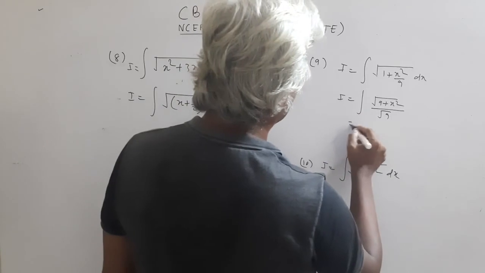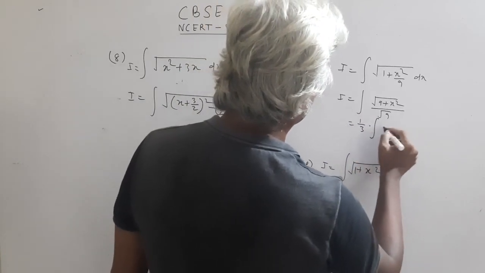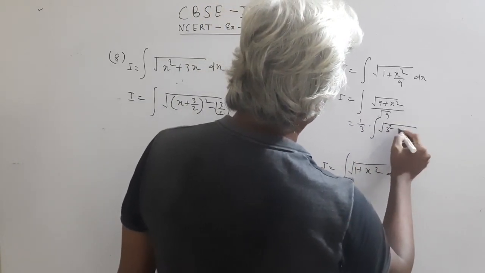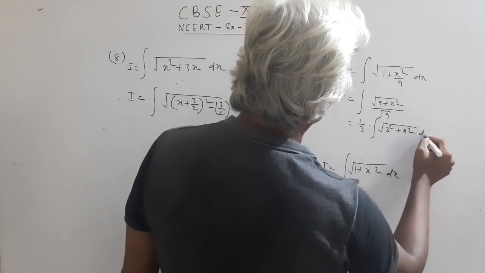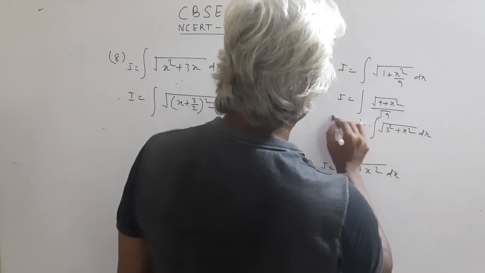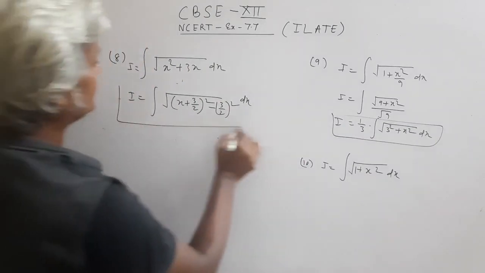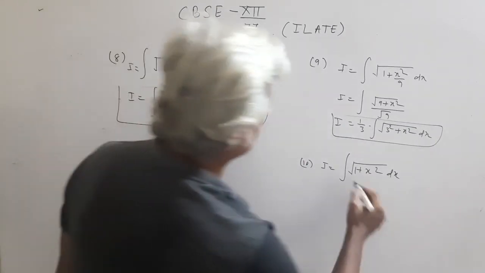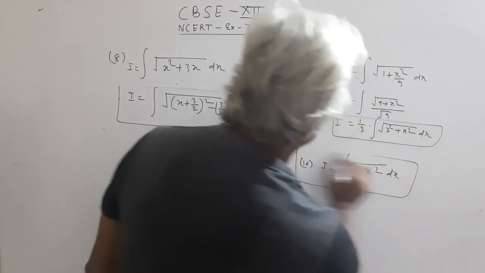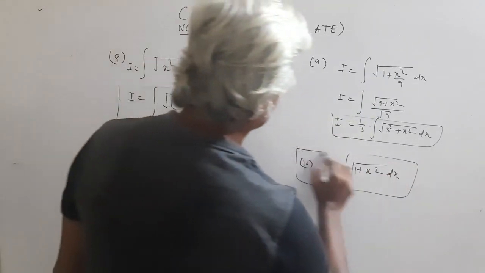This goes outside and becomes 1 by 3 under root 3 square plus x square dx. So this is directly fitting in the form. Use the formula, get the answer. This is directly fitting in the form. Use the formula, get the answer.